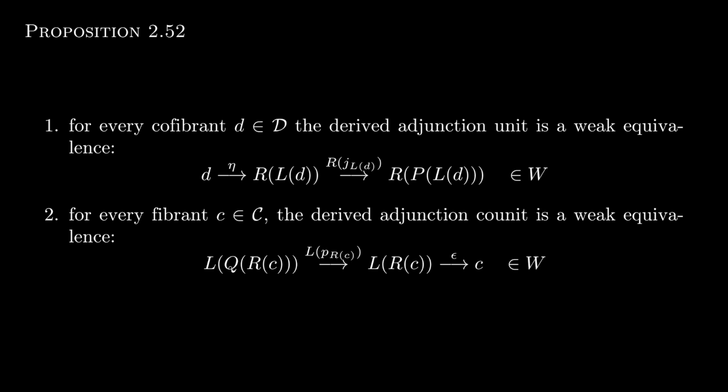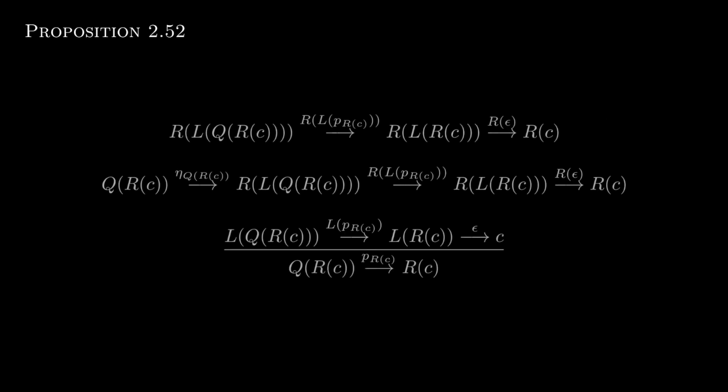Well, by assumption on R, the composite in 2 is a weak equivalence, if and only if it is after applying R. If we precompose this with this map, by what we have just shown with regards to the first condition, this first map is a weak equivalence, so by 2 out of 3 the entire composite is a weak equivalence, if and only if the composite from before without precomposition was.